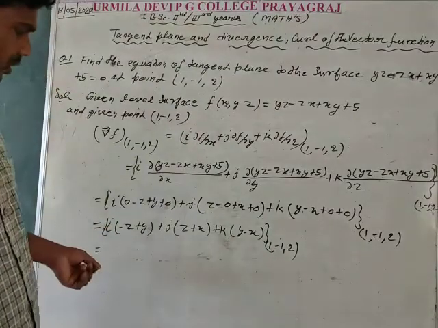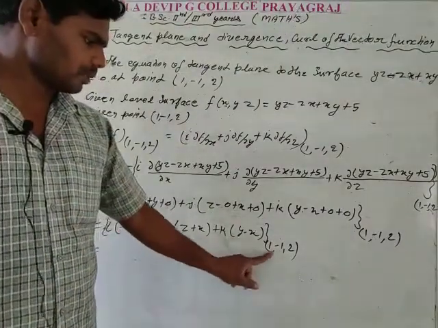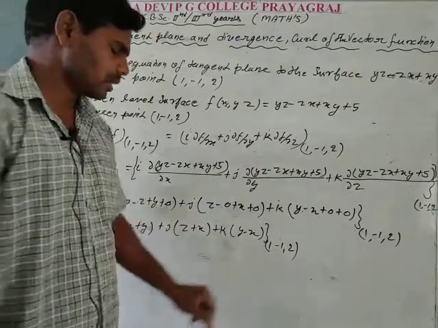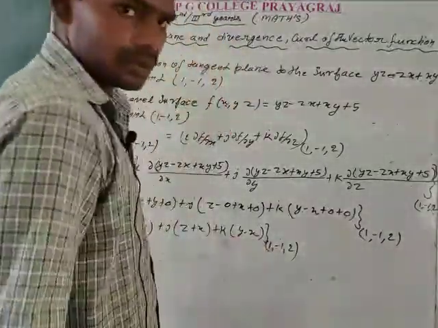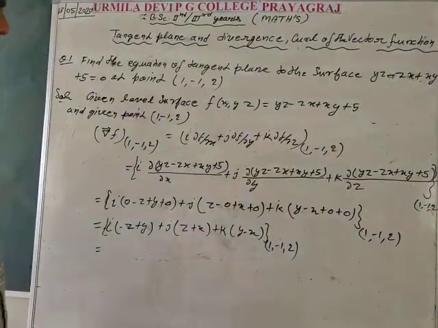Here in this equation, putting x is equal to 1, y is equal to minus 1, and z is equal to 2, which is the given point in the question.